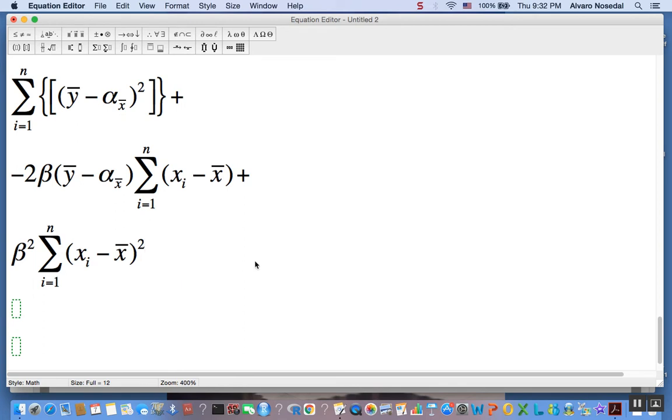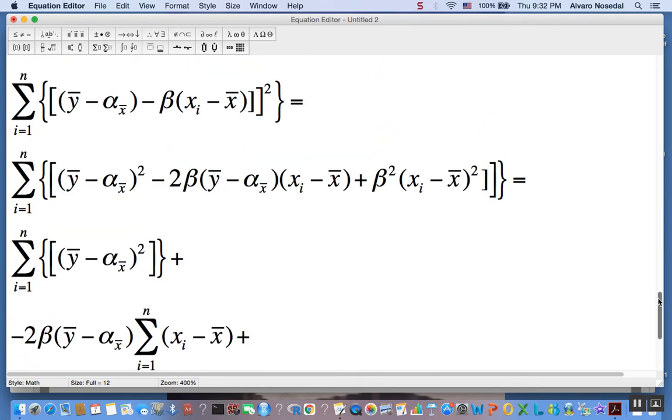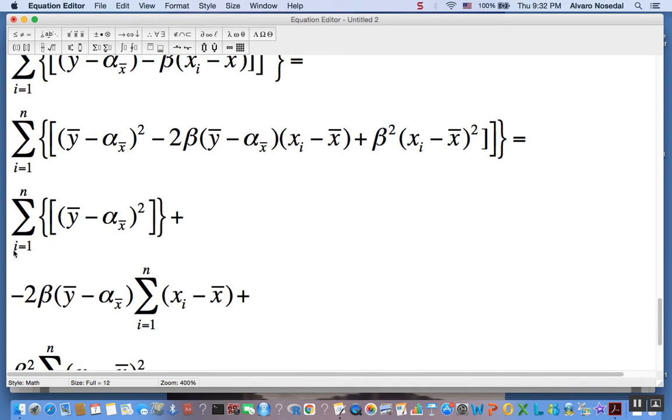Okay, now this one here, note that this is just summation from i going from 1 to n of y bar minus alpha x bar squared, right? So this is the same as just plain n times y bar minus alpha x bar squared, right? So let's simplify that one.